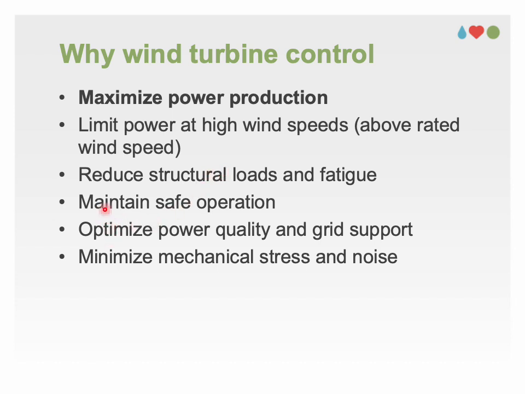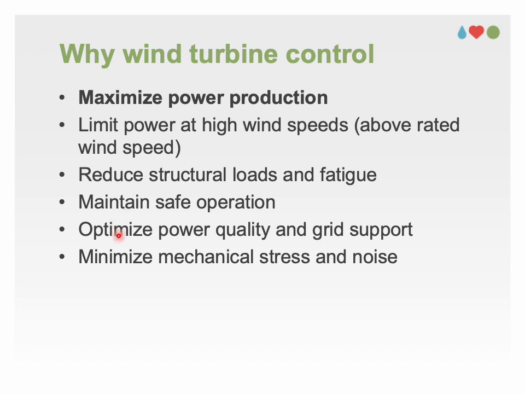The controller also maintains safe operation by protecting the turbine against extreme conditions such as storms, overspeed, grid faults, vibration, and overheating. It includes emergency shutdown, braking, and cut-out operation at very high wind speeds.